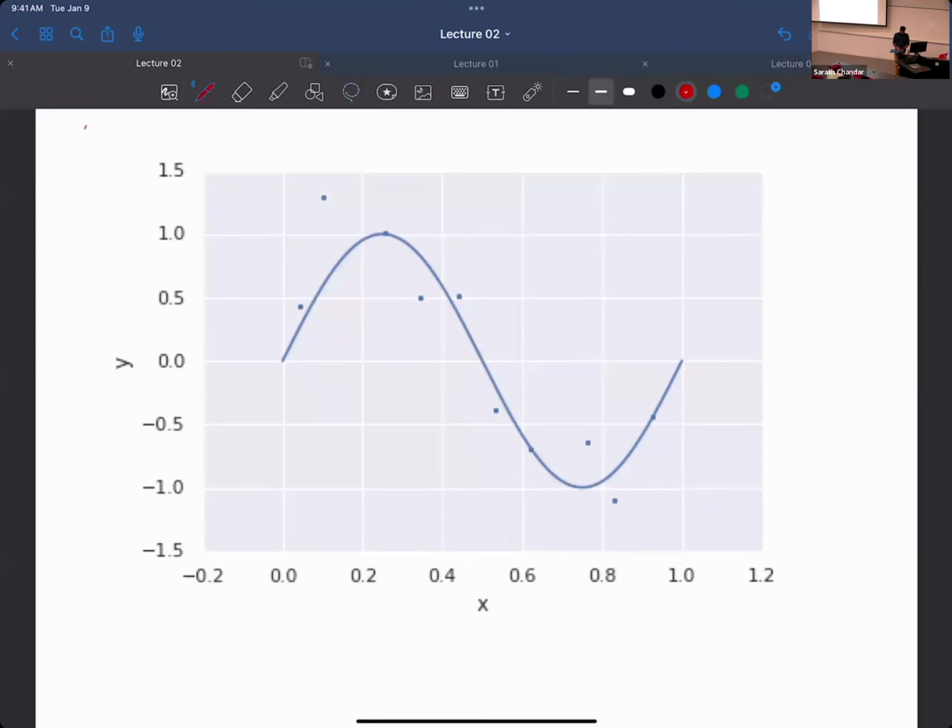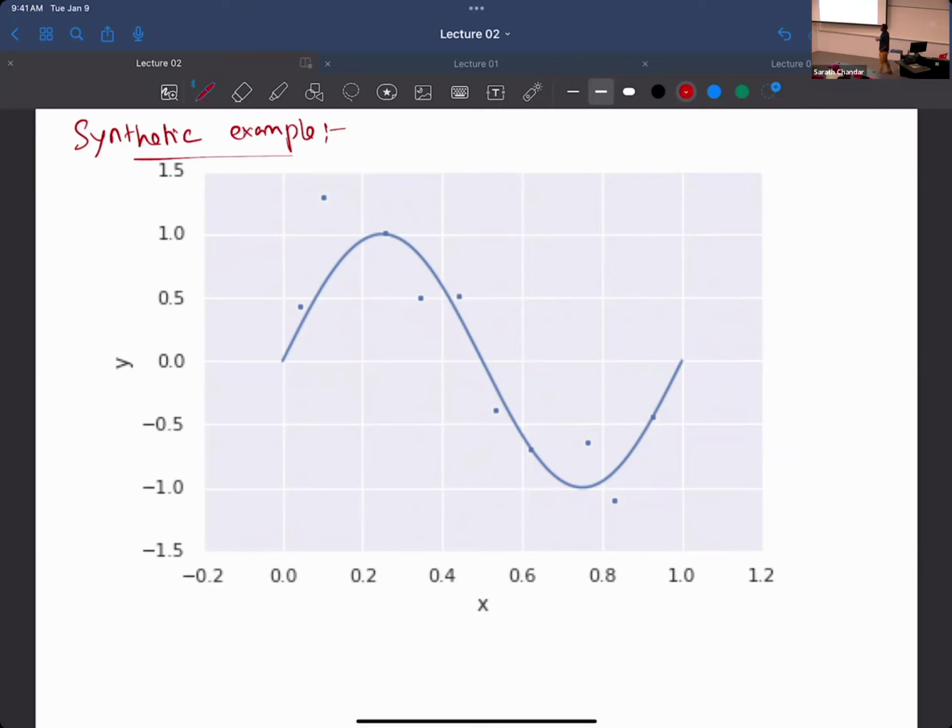Unlike the housing price prediction problem, which was a real application, in this case, this is a synthetic example where I took a sine wave.